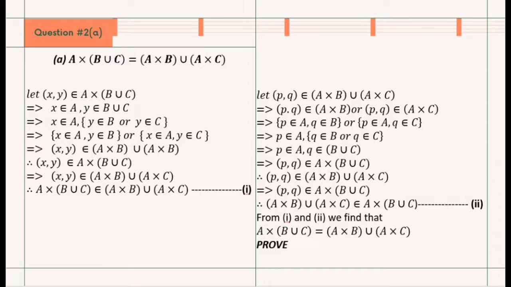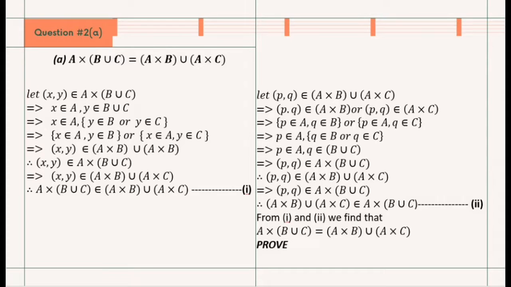Now again we can write this as implies X belong to A, Y belong to B, or X belong to A, Y belong to C. Again, using Cartesian product, we have ordered pair (X, Y) belong to A cross B, or ordered pair (X, Y) belong to A cross C.